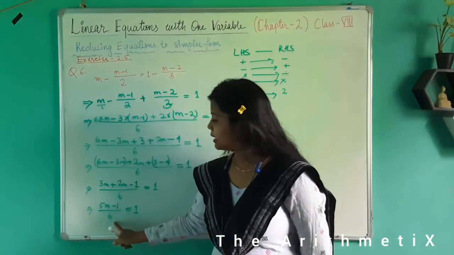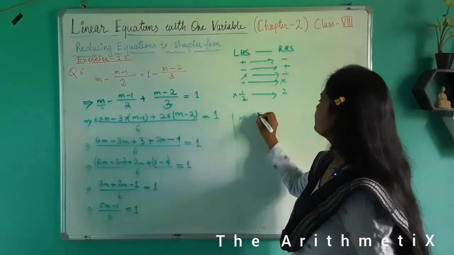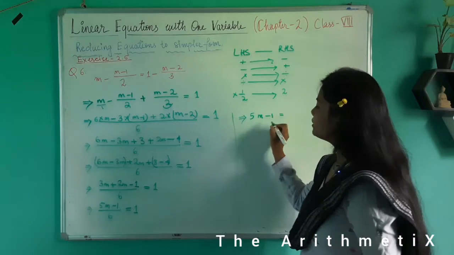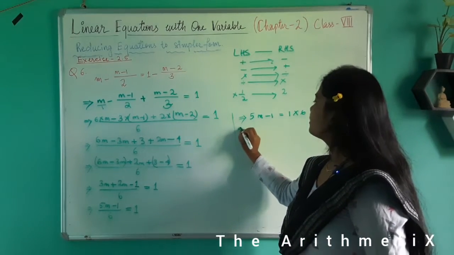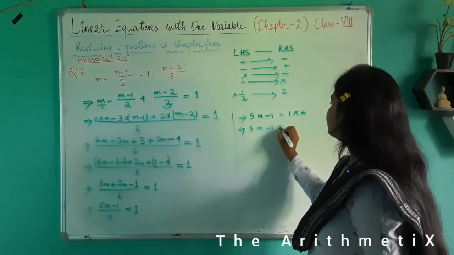So 6 यहाँ पे हुआ है डिविजन, तो दूसरी तरफ जाके होगा मल्टीप्लिकेशन। So 5m minus 1 इक्वल टू 6 को निकाल दिया हम, 1 into 6. Now 5m minus 1 equals to 6.